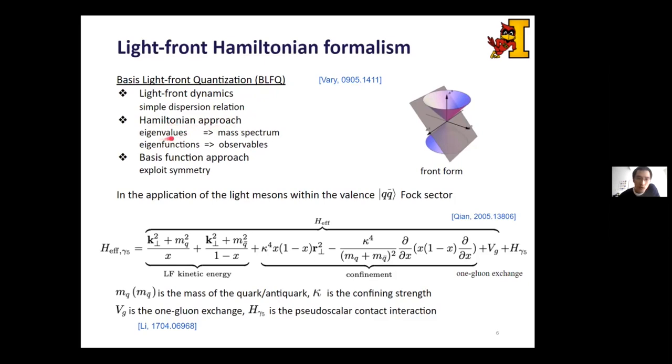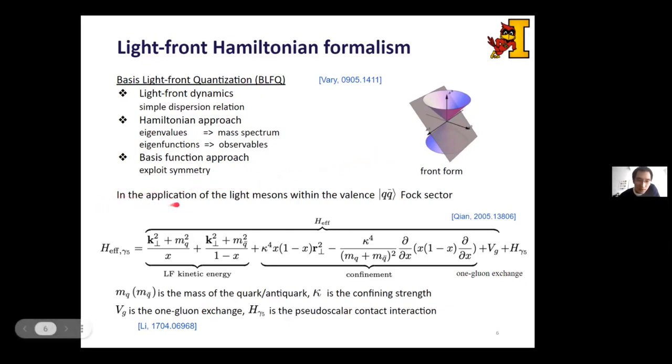So the eigenvalues will become the mass spectrum, and the eigenfunctions will give us the observables. And lastly, it's a basis function approach. So it allows us to exploit symmetry. So this approach has been applied to many hadron systems, such as quarkonium, baryons, heavy-light systems, and so forth.